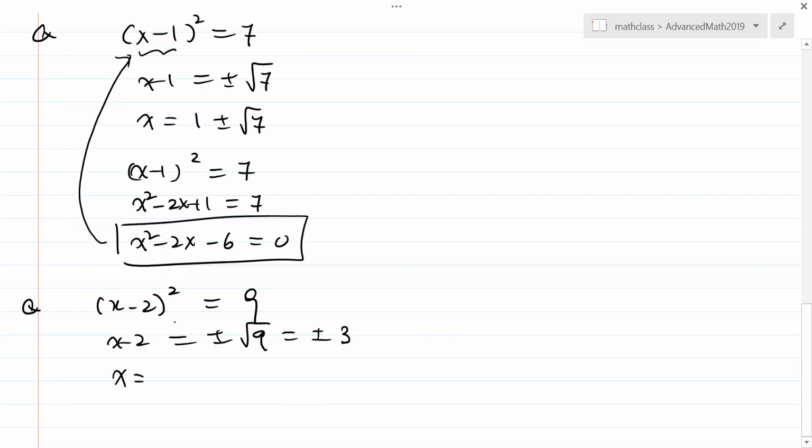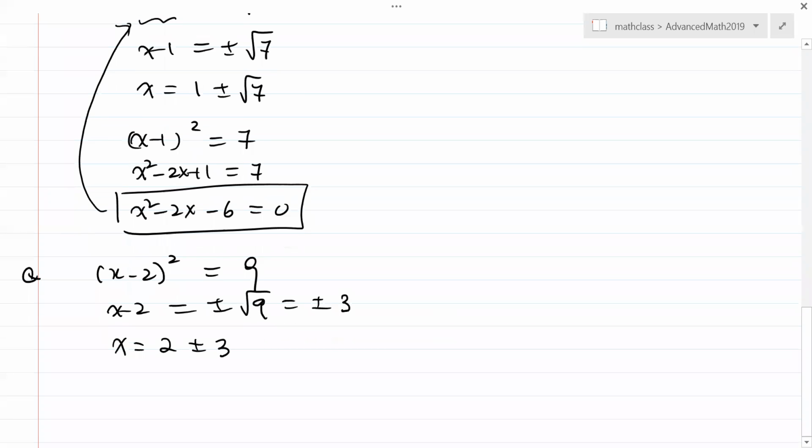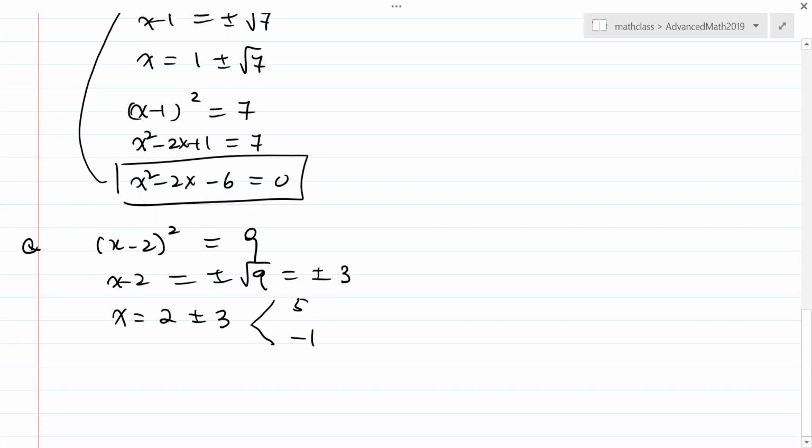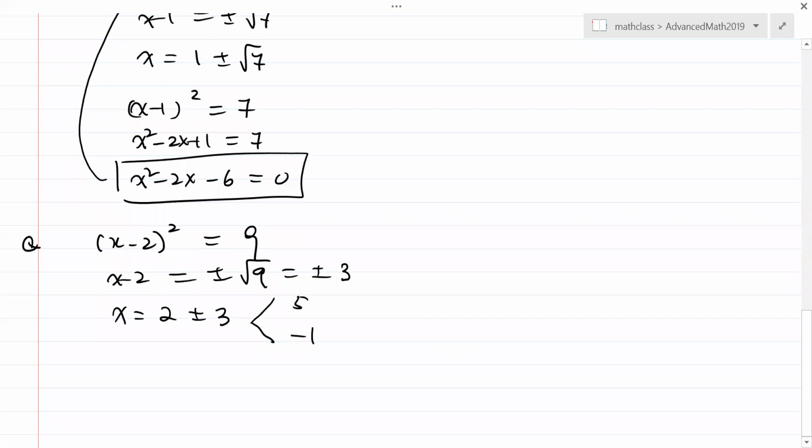I move 2 to the right-hand side, so 2 ± 3. When you choose the positive sign, it's 5. When you choose the negative sign, it's −1. So you have 2 solutions. The first solution is 5. The second solution is −1.